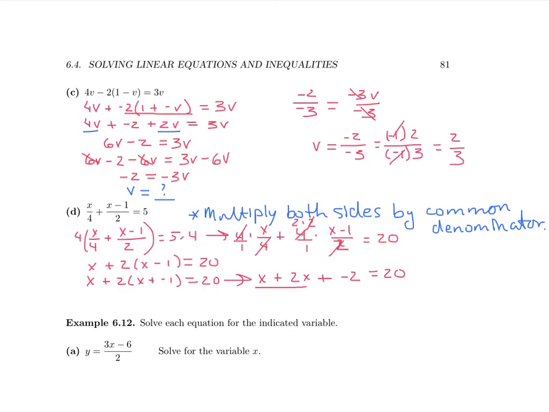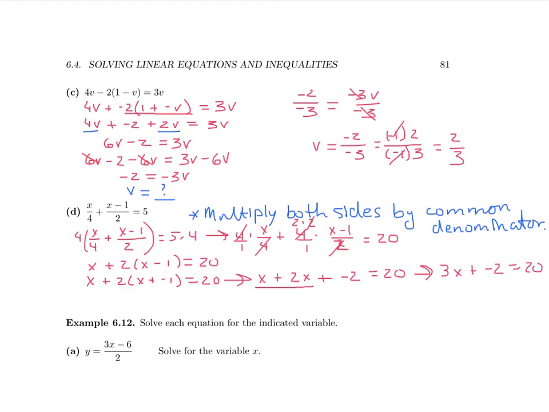Notice that we also arrive with some like terms. x plus 2x is 3x, and so really this is 3x plus a negative 2 equals 20. So again, we have an equivalent equation, but it's simpler than the one we had earlier.